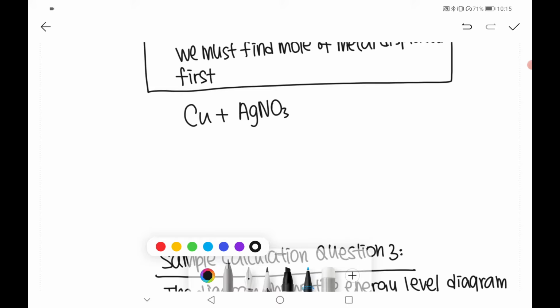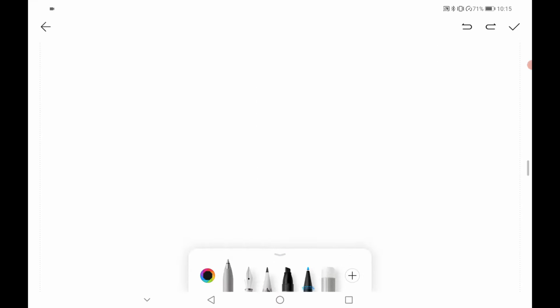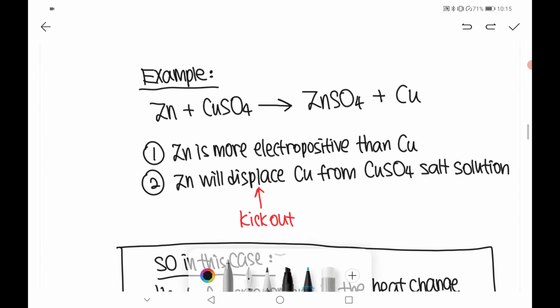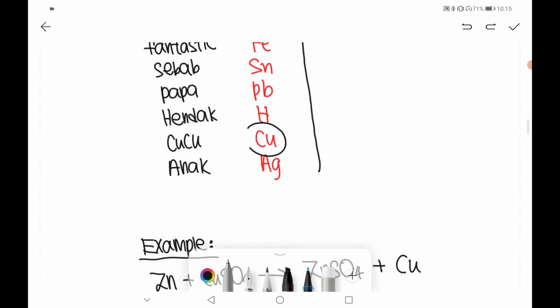Now this is a gangster bully concept, right? Copper is a metal, silver is a metal. If you look at your electrochemical series, the ECS, copper is higher than silver.